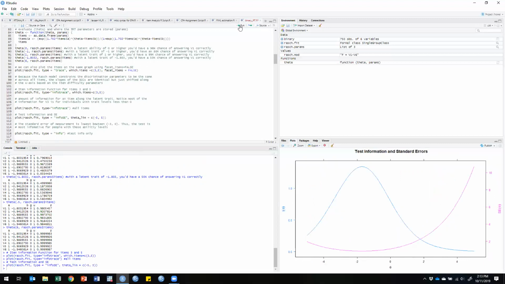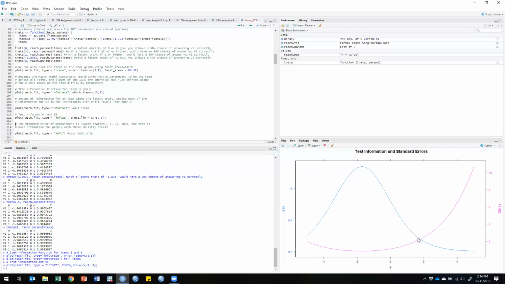Here's the test information function. So there's a graph with the standard error. You can see the standard error of measurement, the purple line here, is the lowest really for people between, I don't know, around -0.3 and maybe 0 ability levels on this test, which makes sense because the items on the test were relatively pretty easy for all of these 750 individuals.